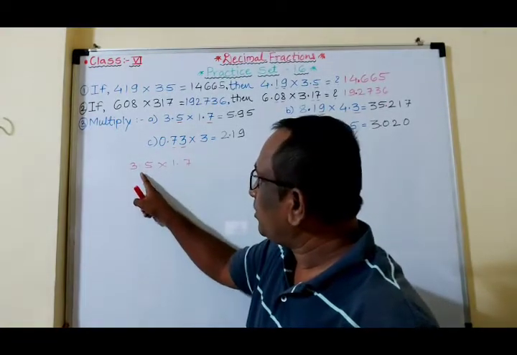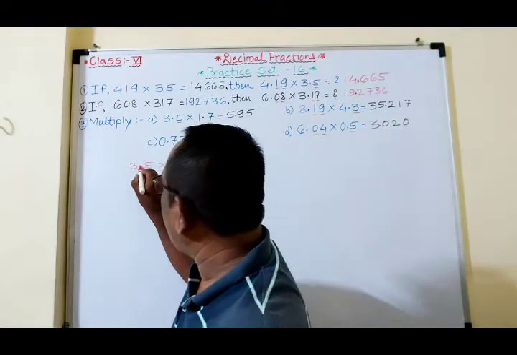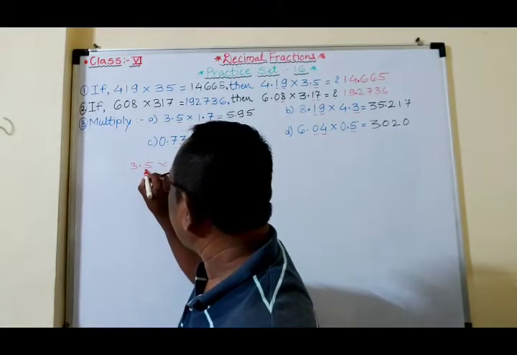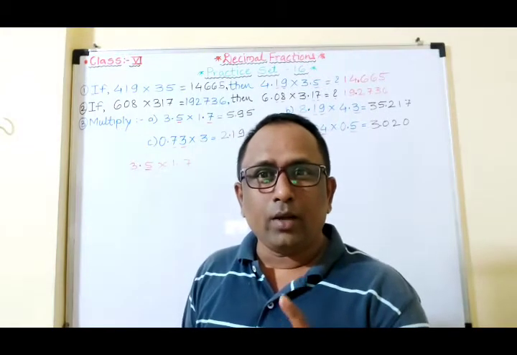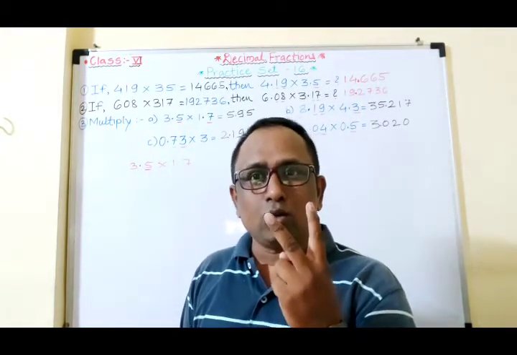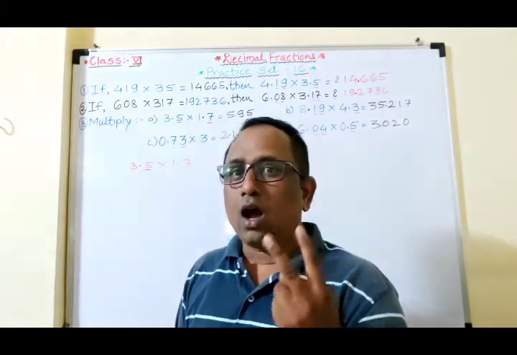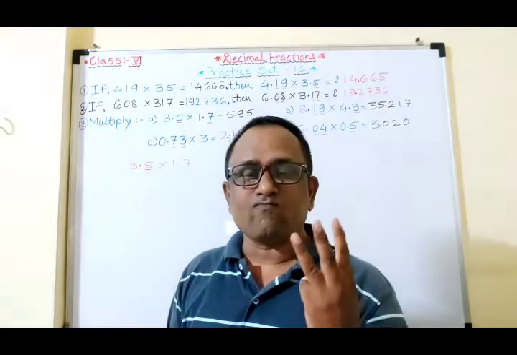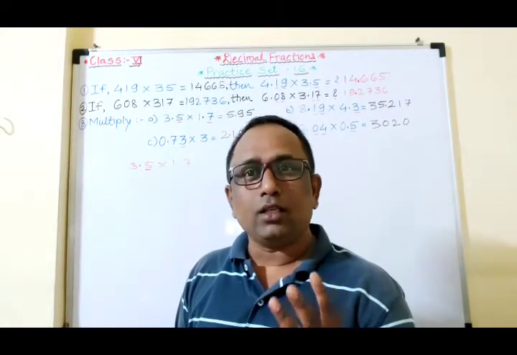We have to convert the decimal fractions into common fractions. So for 3.5, after the decimal point there is 1 place or 1 digit, so the denominator is 10. If there are 2 digits after the decimal point, the denominator is 100. If there are 3 digits or 3 places, then our denominator is 1000.